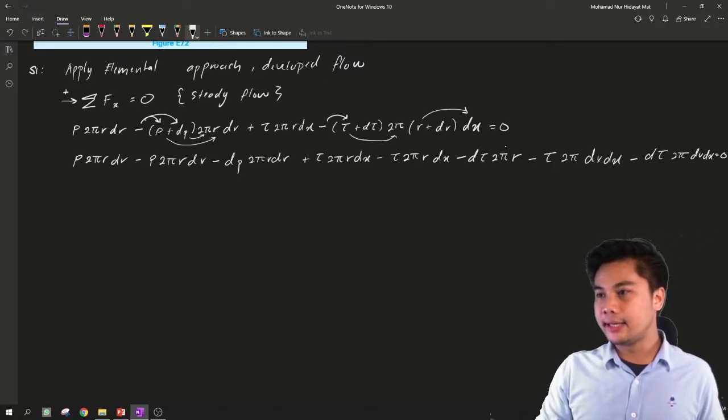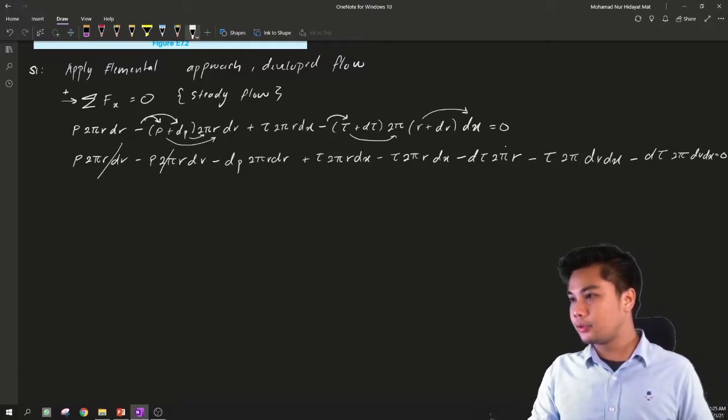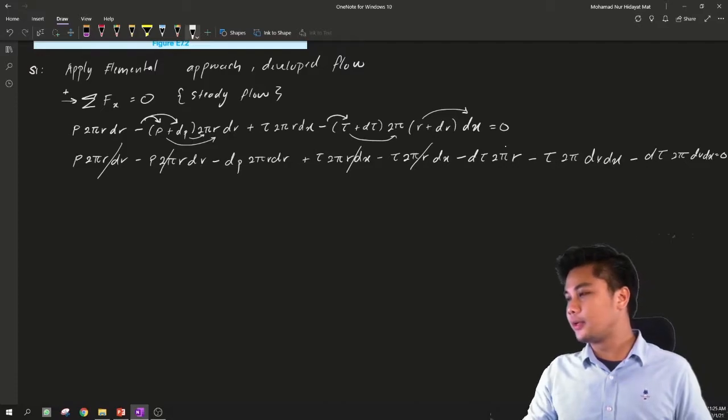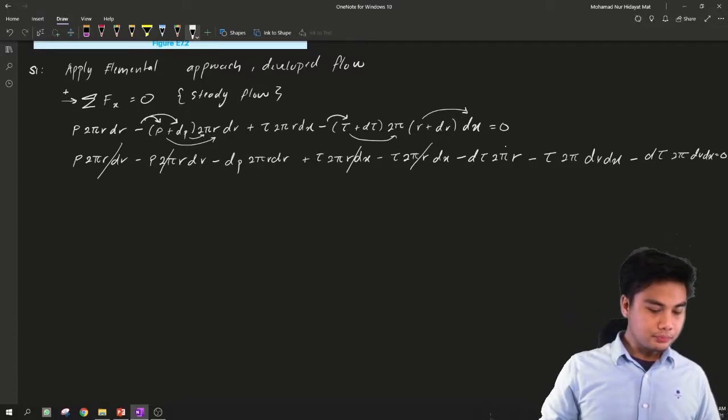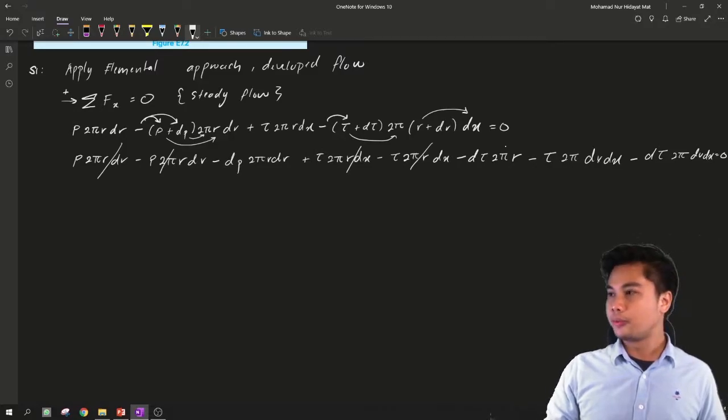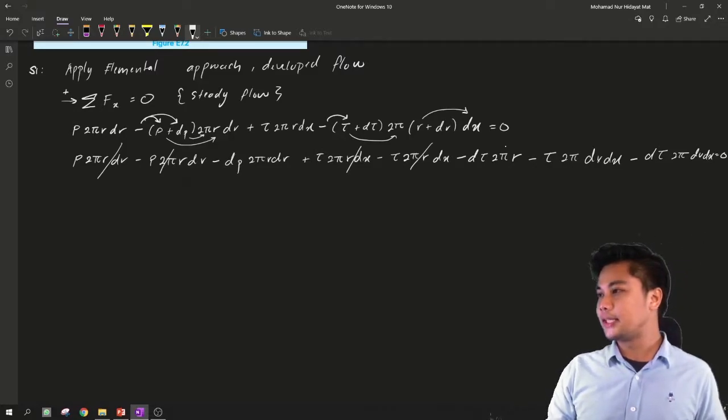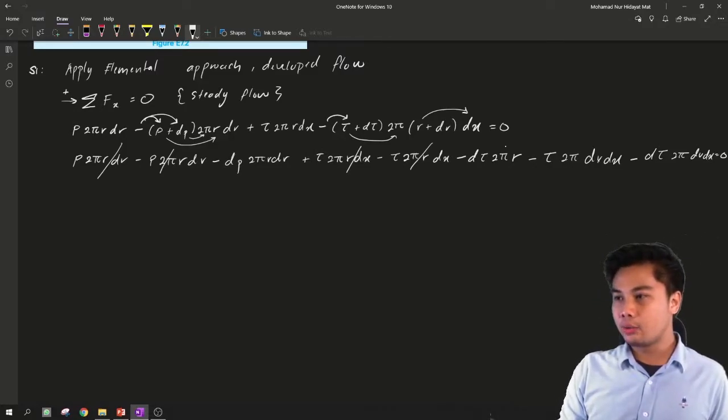So this is the same, cancel out, and then this one tau 2 pi r dx cancel out, and then you try to find out dt 2 pi r. From here there is nothing more, the same. So just write it down that you have simplified.